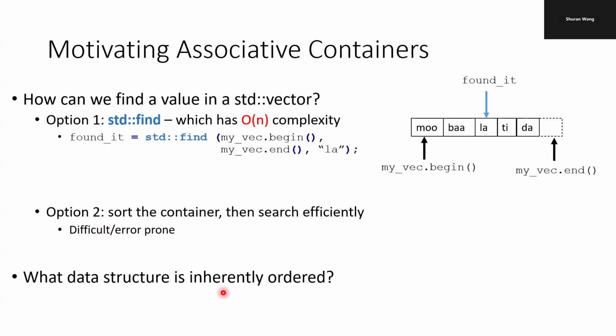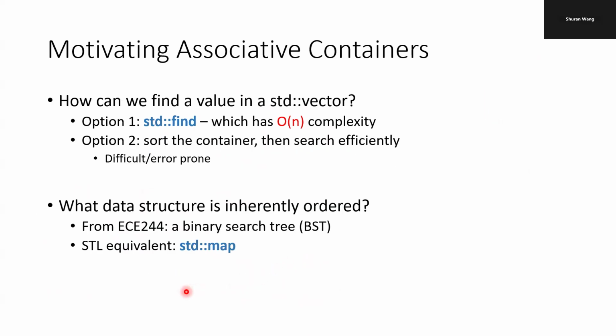What data structure is inherently ordered? We have the binary search tree, which is covered in TUT44. And in the STL, it's called a map. So maps are binary search trees.